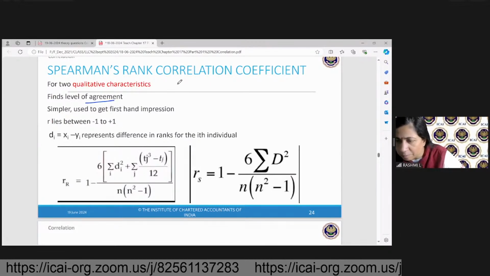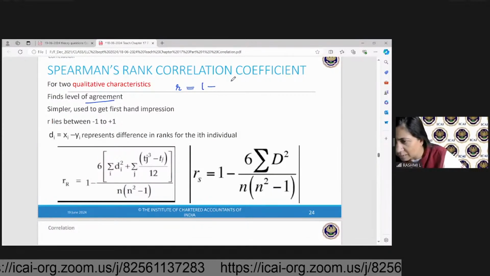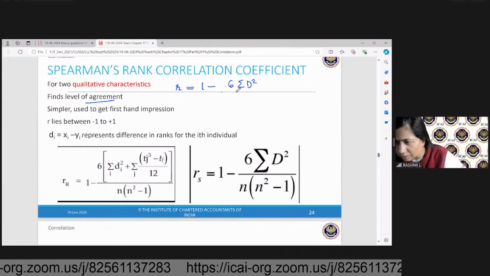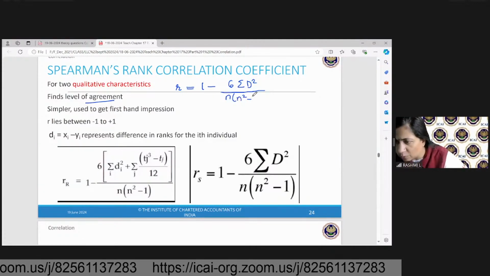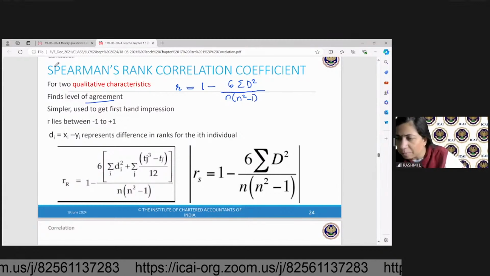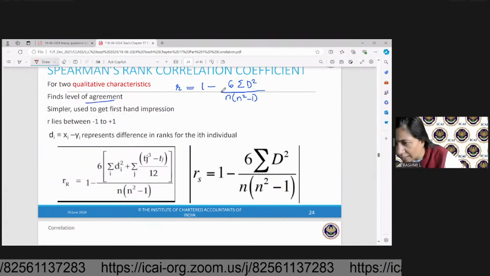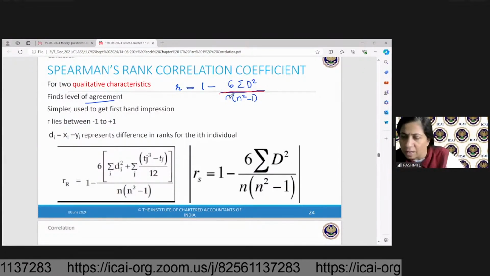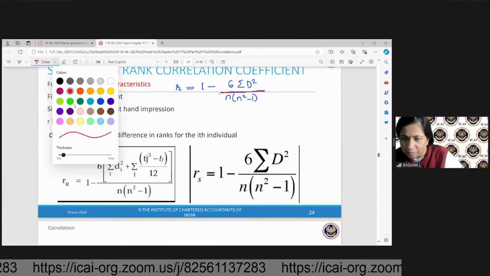Now, the simplest form is R is equal to 1 minus 6 summation d square upon n into n square minus 1. Please remember, the line is under the 6 summation d square, the n square minus 1 is not under the 1.